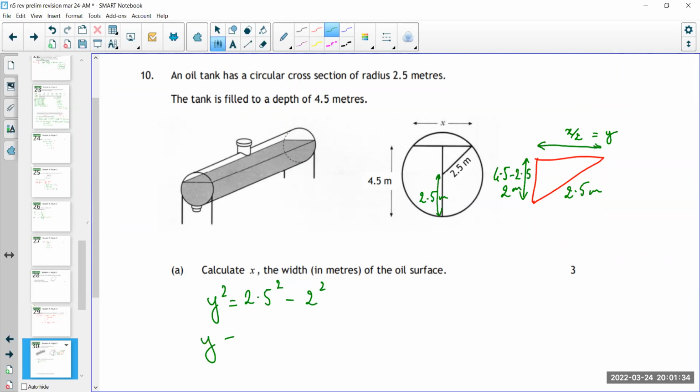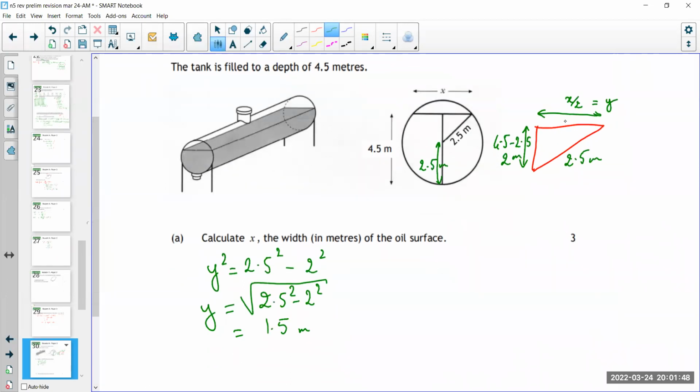Then that means y is just square root of 2.5 square minus 2 square. And that gives me 1.5 meter.